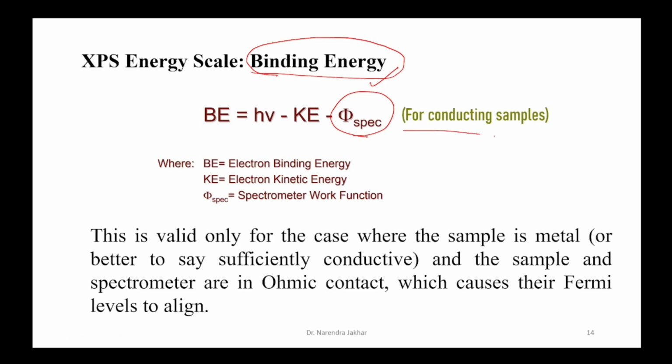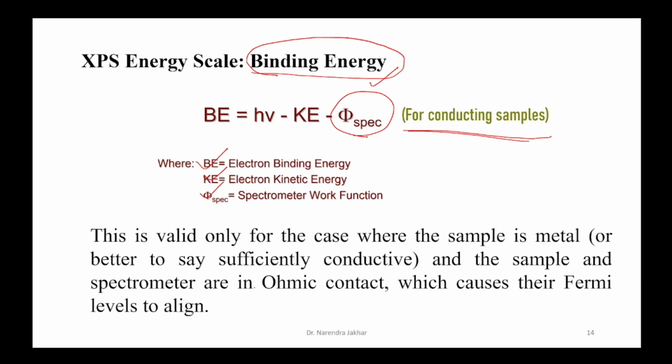This is for conducting samples. When our samples are conducting, then you can use this equation. Here is the binding energy of the electron, the kinetic energy of the electron, and phi spectrometer, the work function. This equation is valid only for metal samples, or more precisely, sufficiently conductive samples.